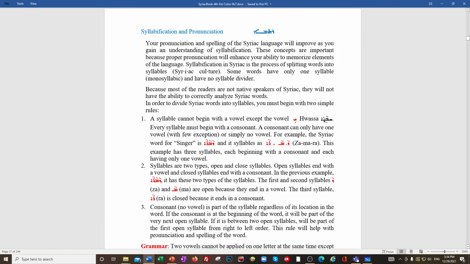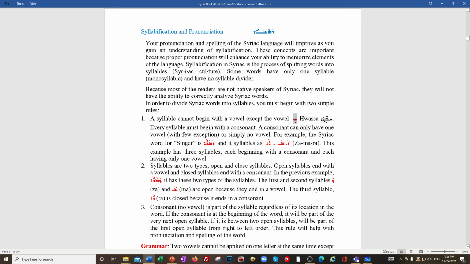The first rule says a syllable cannot begin with a vowel except the vowel ḥwāsa. Remember this yoth with the dot underneath it? We can start a syllable with the ḥwāsa.